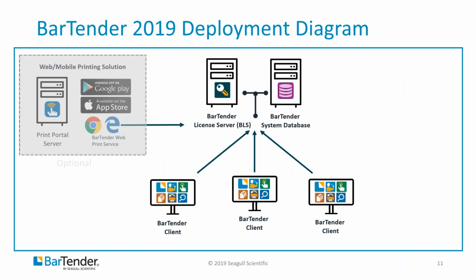And here is, at a very high level, what a deployment of BarTender Enterprise looks like. Note that each BarTender client has all the companion applications installed, meaning you can have all your servers and clients sharing a BarTender license. As we're licensed by printer count, this is fine. You can then just have this configuration and have a central license server and a central BarTender System Database.